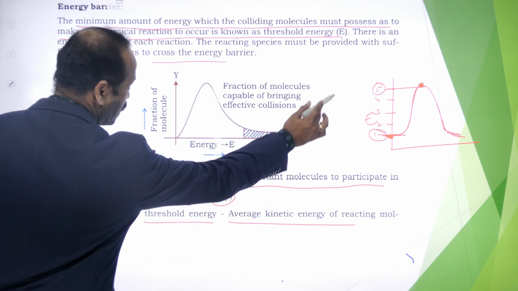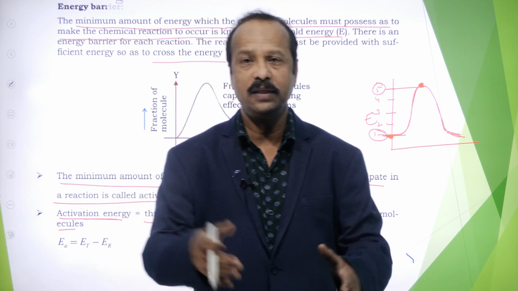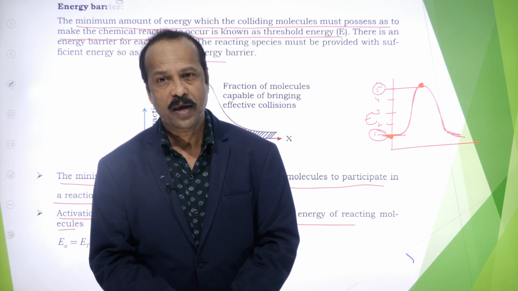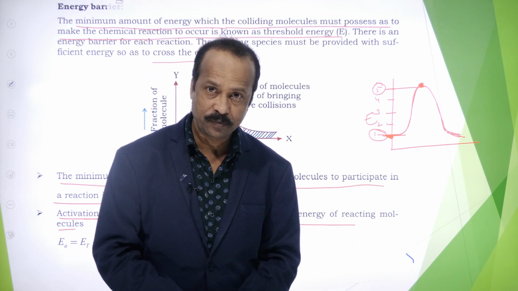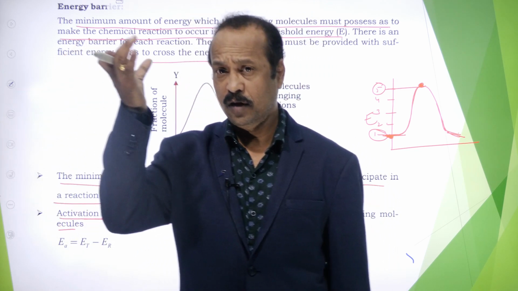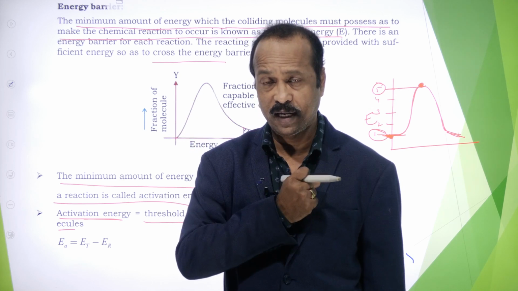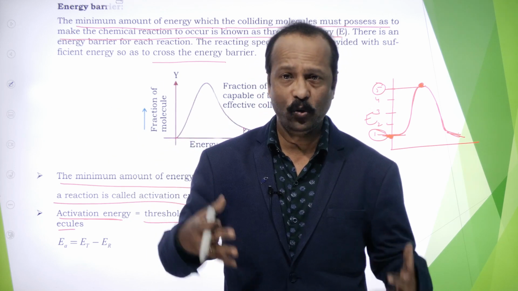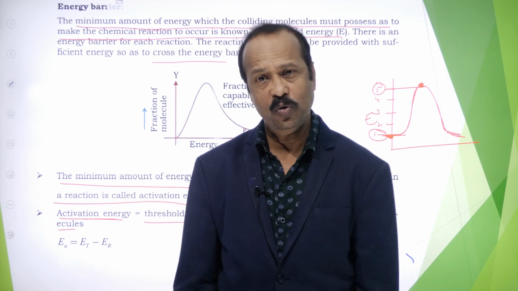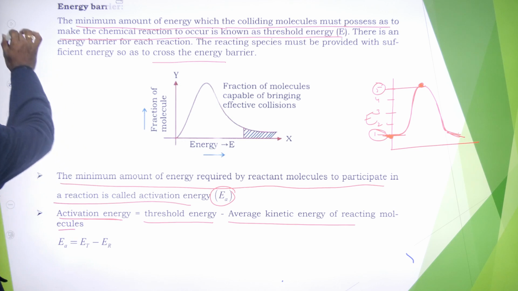Threshold energy, the energy required, minus whatever energy it possesses, that is called activation energy. Clear to you? So every molecule must take a certain amount of activation energy, then it can make the effective collision. Clear, students? So that's about the energy barrier.